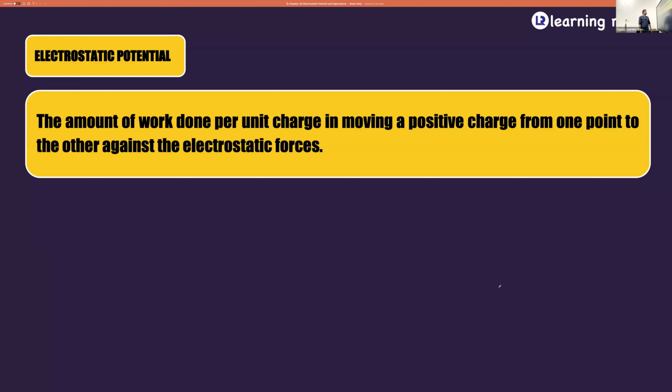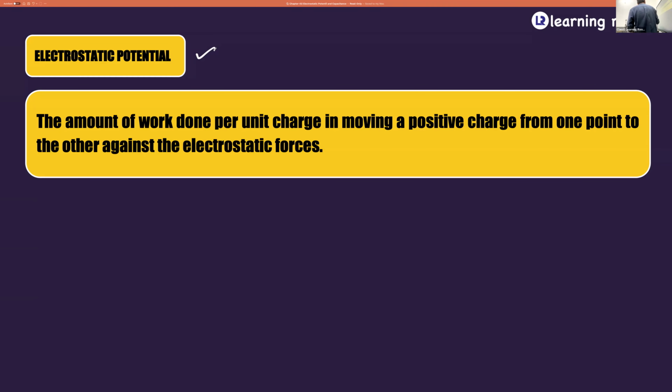So, if you look at the name of the chapter, it is actually not electrostatic potential energy. It is actually electrostatic potential. So, this is going to be the next topic of our discussion. There is a very slight difference between electrostatic potential energy and electrostatic potential.